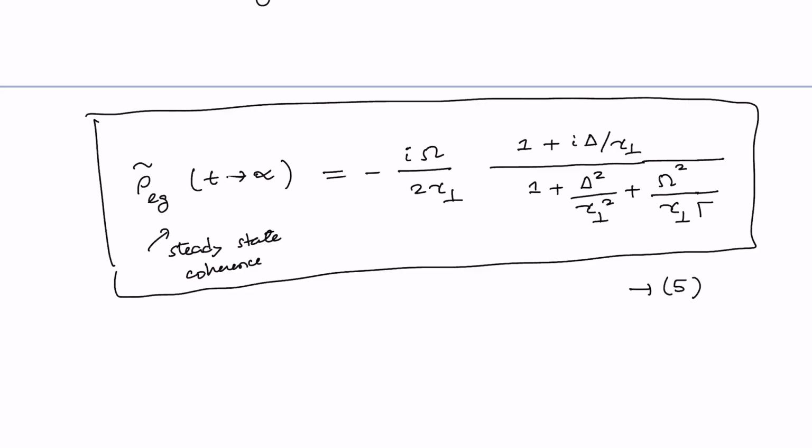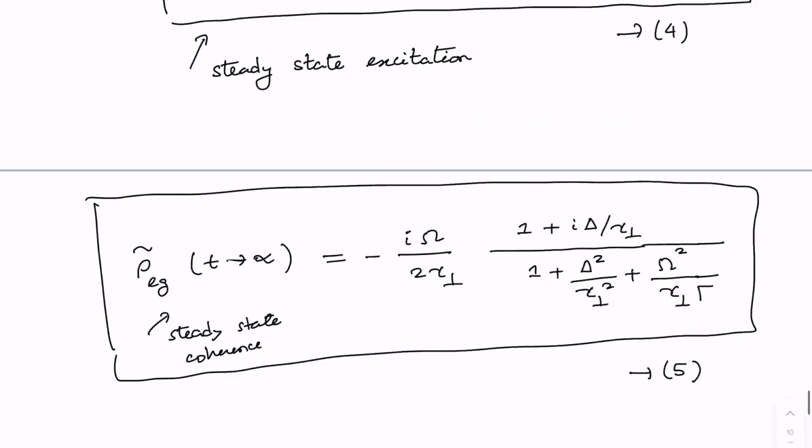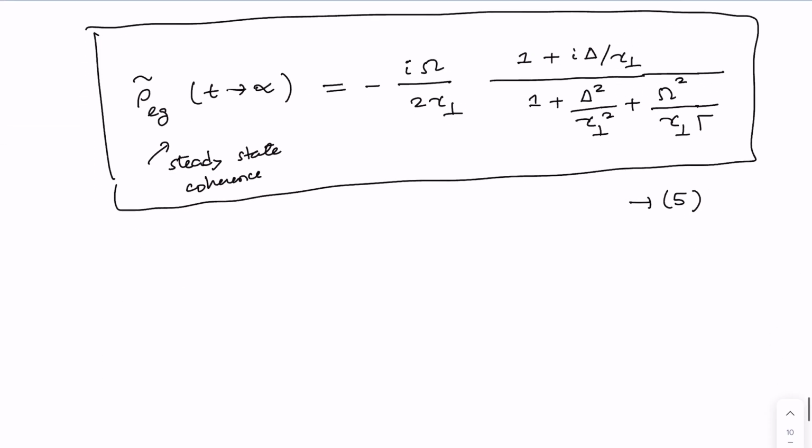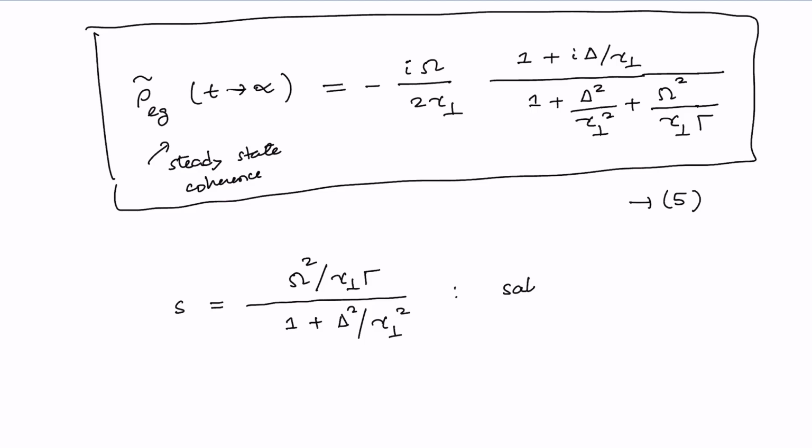In fact, what we can do is write these equations number 4 and 5 in a simplified form if we define a parameter called S, which is known as the saturation parameter. I denote this bunch of parameters, capital omega square divided by gamma perpendicular capital gamma, divided by 1 plus delta square divided by gamma perpendicular square, as the saturation parameter, and it is proportional to capital omega square.